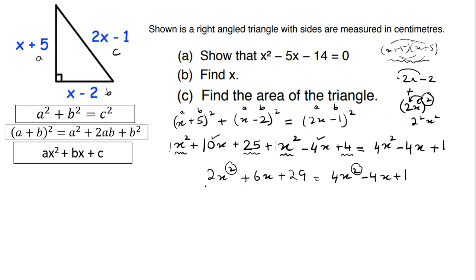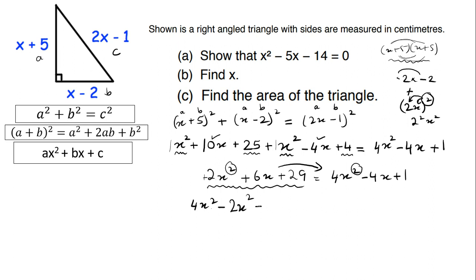So in order to turn it into equals 0, you need to take everything to one side so that you can solve it, and you will end up in one single equation in the form ax squared plus bx plus c. So if I take everything to the other side, let my 4x squared be there. Now 2x squared is positive here, goes to the other side, turns into negative. So 4x squared minus 2x squared.